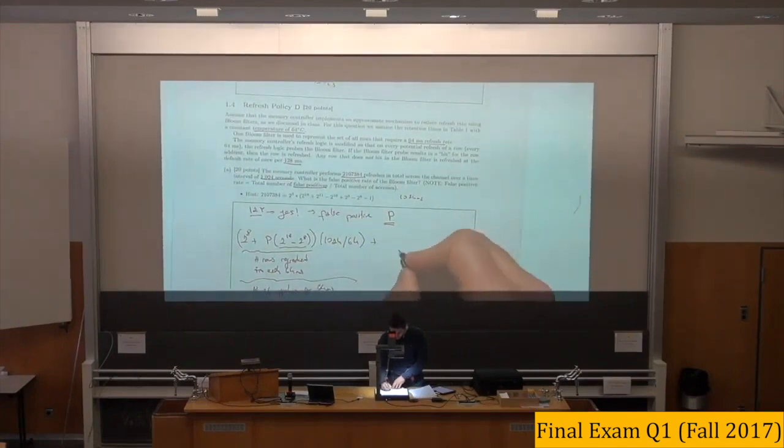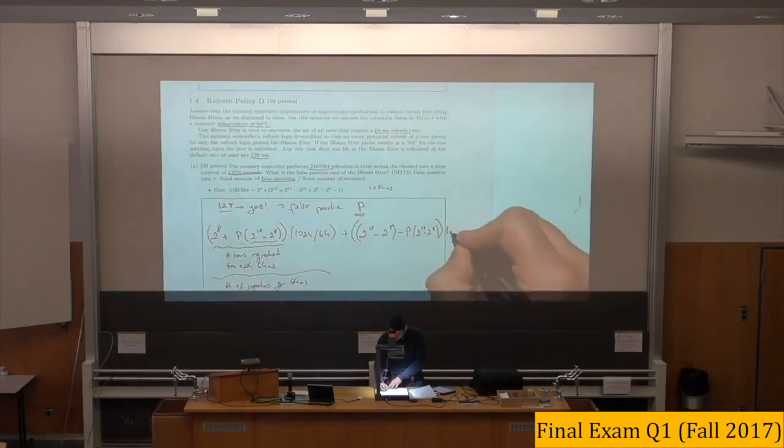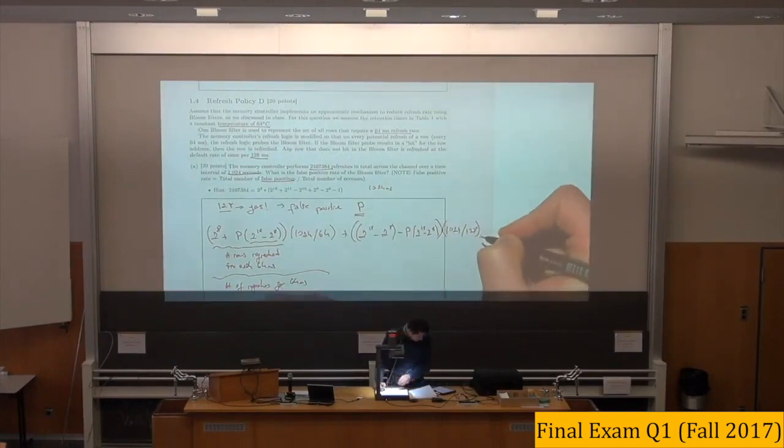Plus, we also have 2 to the 18 minus 2 to the 8 multiplied by, I guess, yeah.